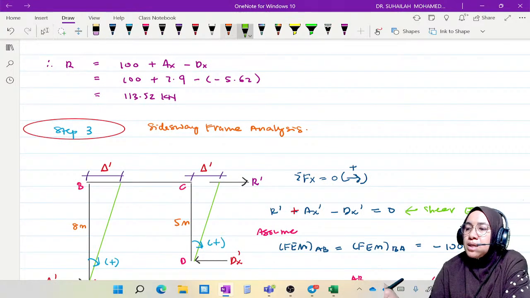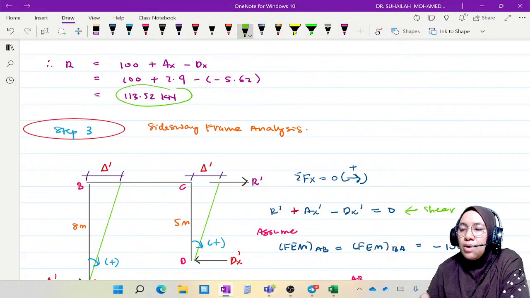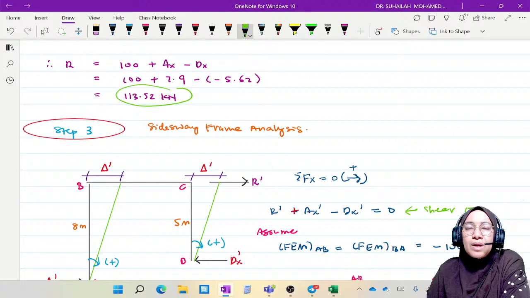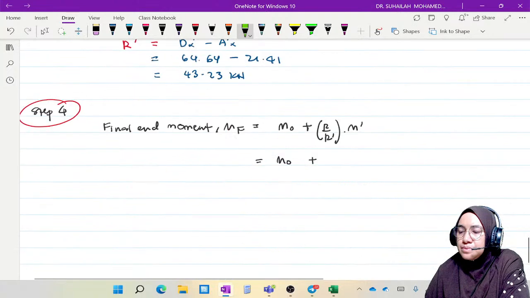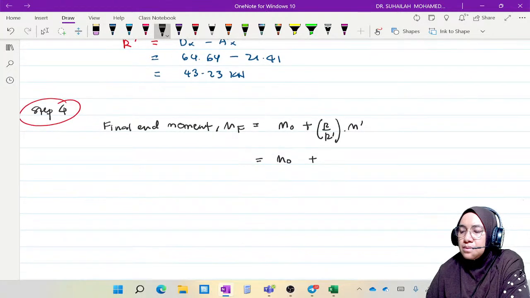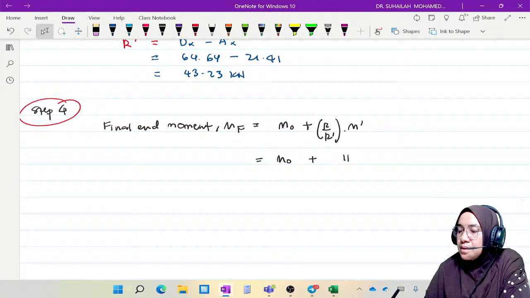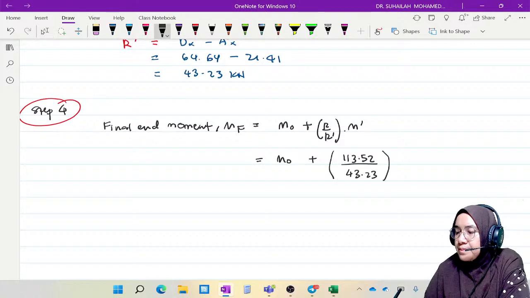R value is 113.52, divided by 43.23. So this is M prime.